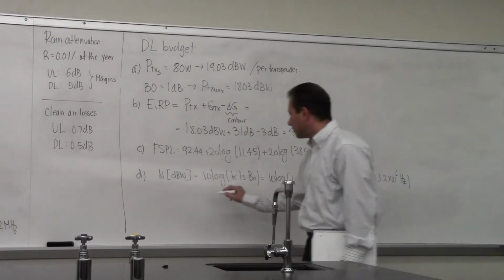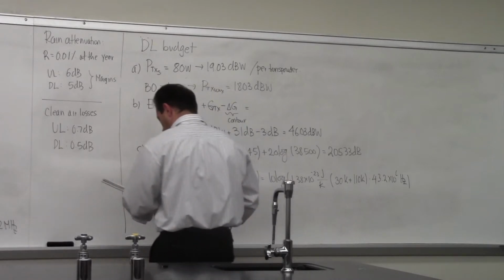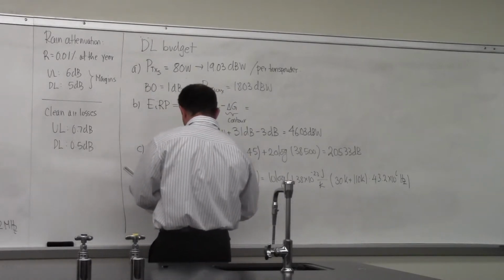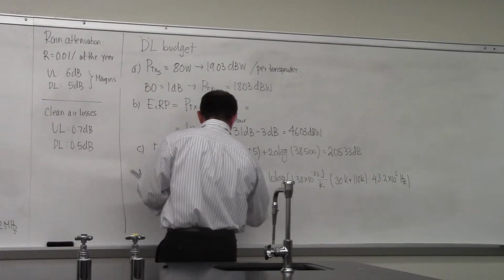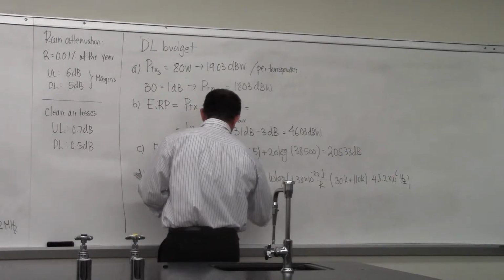And this gives you the noise floor for the receiver, which is minus 130 dB.